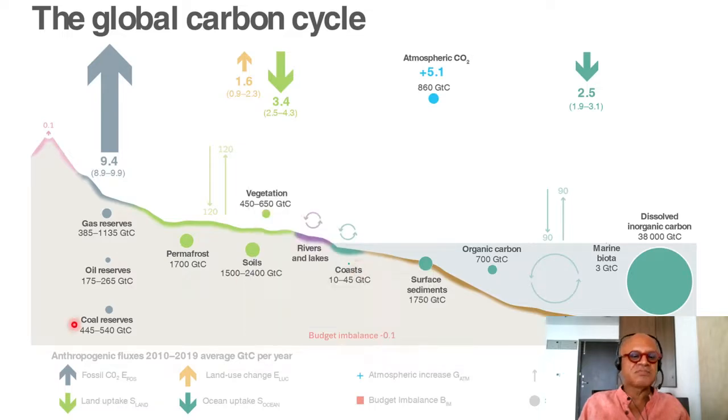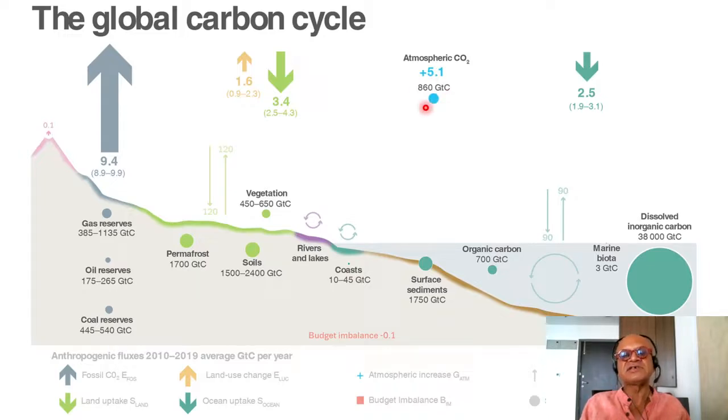So we looked at this before in the second chapter, I think, but this just shows the anthropogenic fluxes averaged over 2010 to 2019. In the first figure of this chapter, we looked at, I think, 2009 to 2018 or so, but it doesn't matter. As we said, the atmospheric reservoir size keeps increasing.